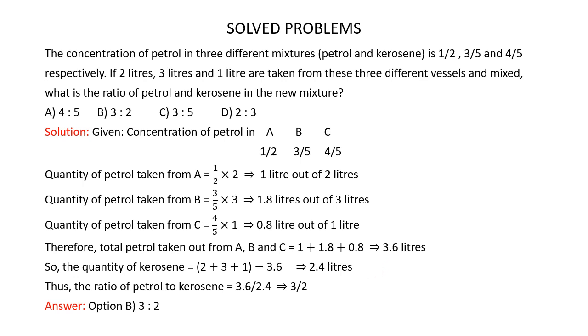Thus, the ratio of petrol to kerosene is 3.6 divided by 2.4, which is 3 by 2, which is nothing but 3 is to 2. So, the ratio of petrol to kerosene is 3 is to 2. So, the correct answer is option B, 3 is to 2.